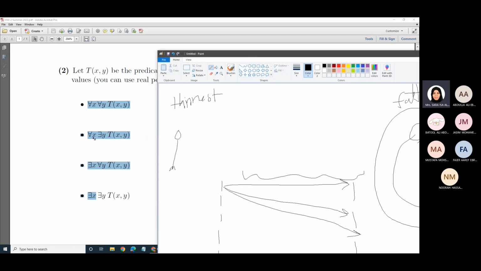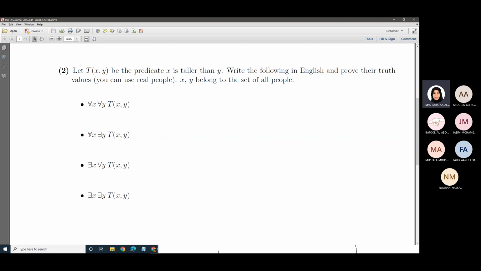Now, look at the second one. For all, there exists, meaning everyone with someone. Now, everyone is taller than someone. Everyone is taller than someone. Usually yes, but what about the shortest person?